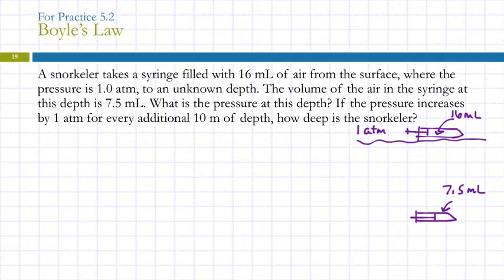And then it'll resist and come back out. But going down in the water, the pressure is causing this gas to compress. So we have a volume up here, and a volume down there. We have two volumes, and a pressure up here, and they're asking us what's the pressure down here.